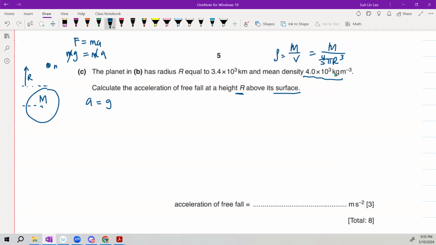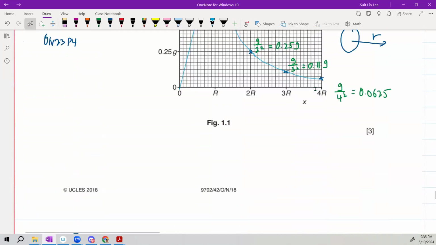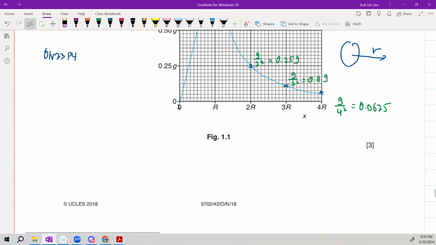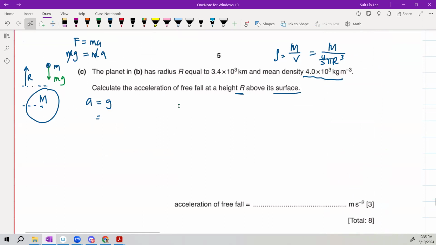So R above the surface. Tiny mass here is m. The force acting on this mass would be mg. But mg equals ma. So basically we're looking for g. And the question sort of asks you to think about it here already. Find g. So we have the equation GM over the height R above the surface.